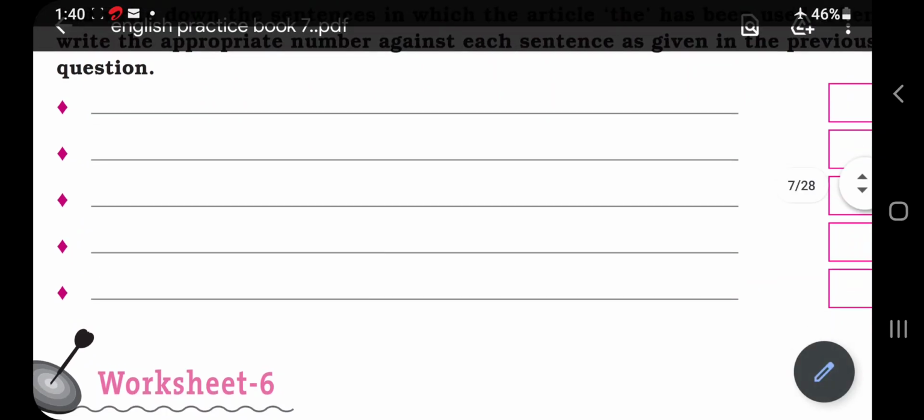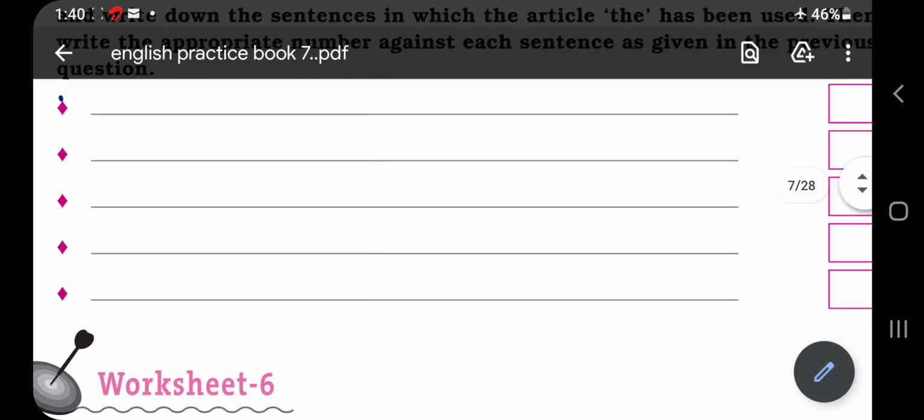So when you go through that small story, you will get to know what is that. I have read the story, and the first line itself has the.